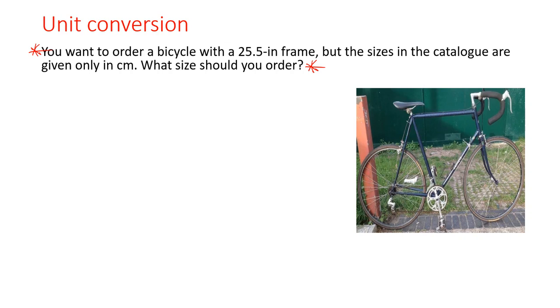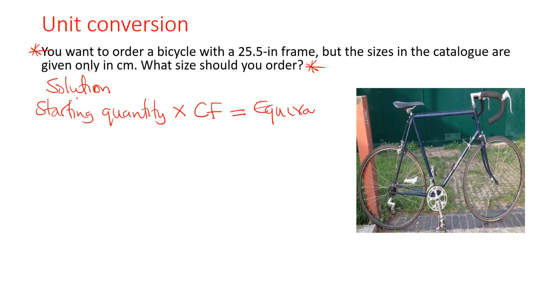So we know that in terms of conversion, if we go back here, we have a starting quantity times a conversion factor to give us an equivalent quantity, which means you need to know the conversion factor that you are going to use.